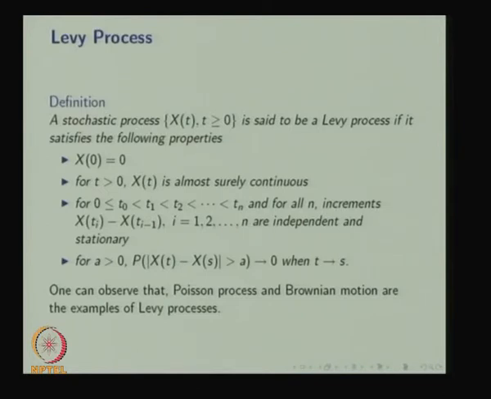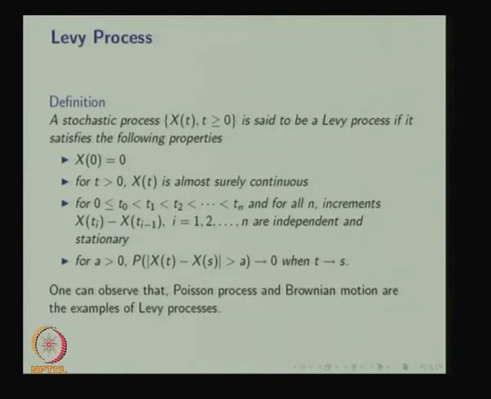One can observe the Poisson process and the Brownian motion are examples of Levy processes. The Poisson process is a continuous time discrete state stochastic process, whereas the Brownian motion is a continuous time continuous state stochastic process.